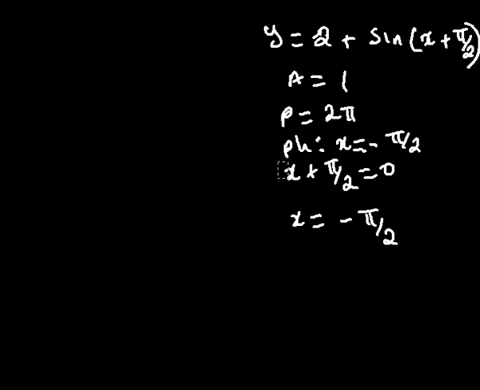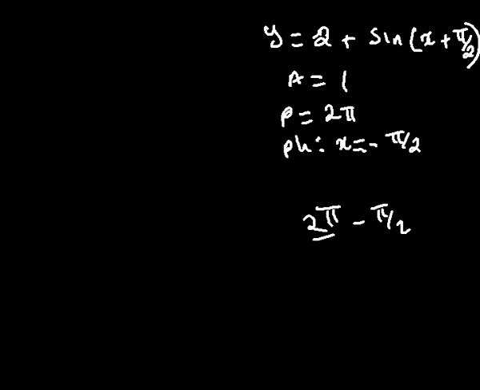And now we should have the ending point. Where would the graph end? The ending point is given as the sum of the phase shift as well as the period. That corresponds to 2 pi minus pi over 2. So let's think of the fractions. The common denominator is 2.